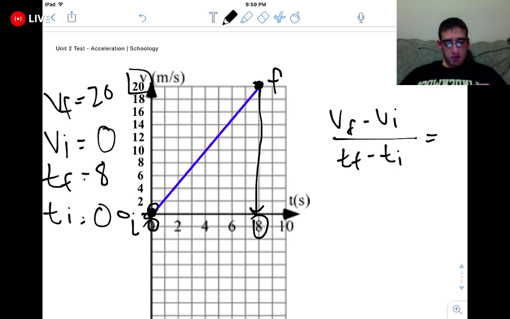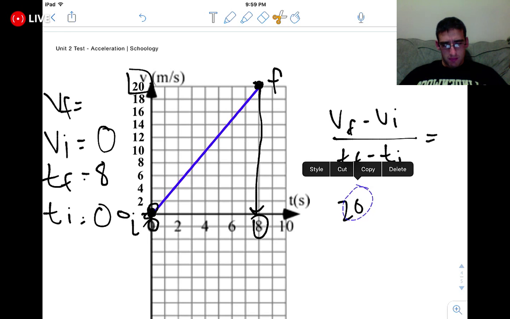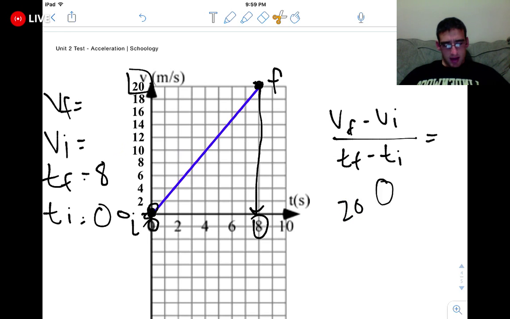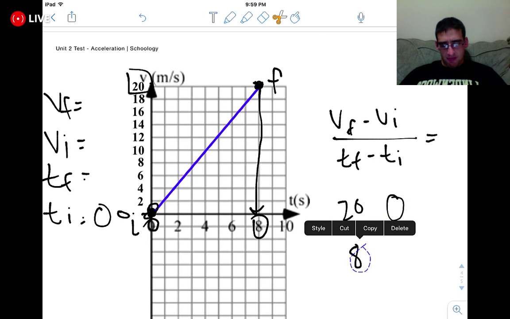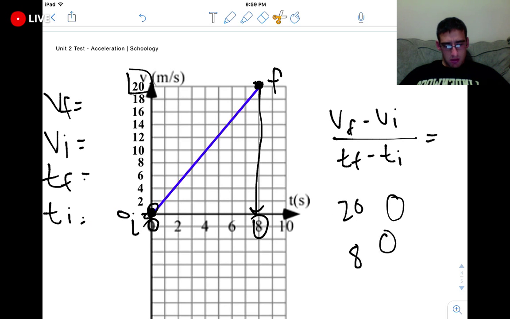So I should be able to do this. VF minus VI divided by TF minus TI equals 20 over 8.